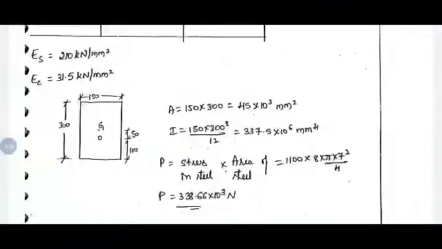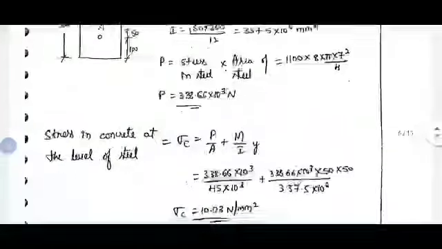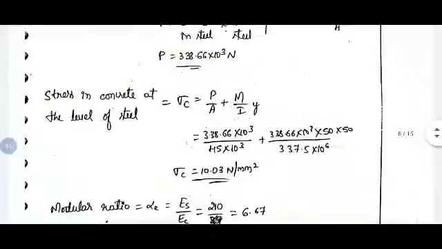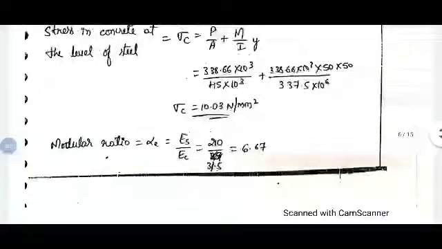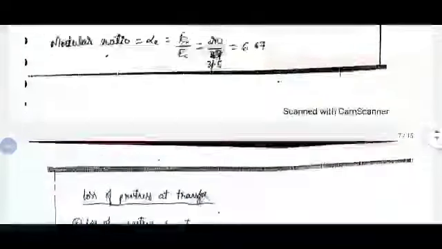Area is given, moment of inertia we can calculate, area we need to calculate. Then P, stress in steel into area of steel, we will get force. Then sigma C we need to find out, P by A plus M by I into Y. Since it is a straight tendon, E and Y both will be the same, sigma C. Modular ratio Es by Ec, we will get this.